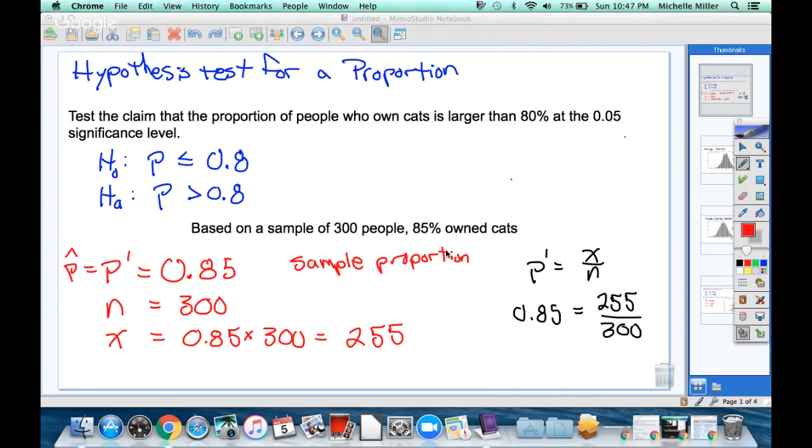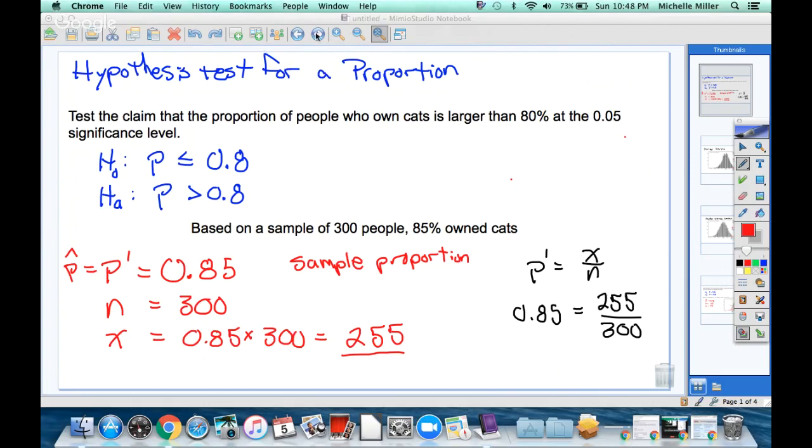I decided to multiply the sample proportion times the number of people to identify that 255 people said they owned cats out of the 300. I need that information to use StatKey to run a simulation to figure out if the sample is significantly different than 80%.